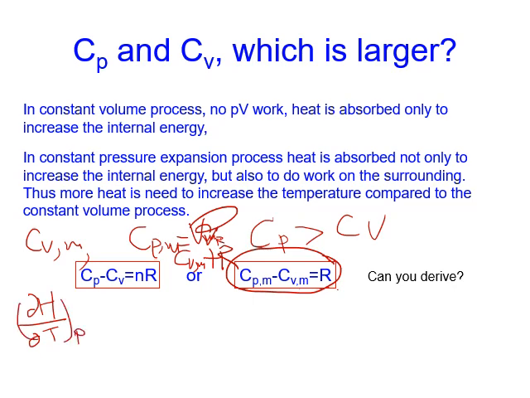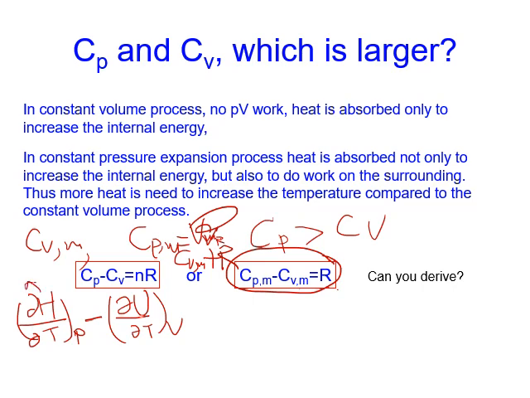So under constant pressure, the heat derivative with respect to temperature is dH over dT. Cv will be the internal energy change over dT under constant volume, because at constant volume, the internal energy change is the heat. Now, what is enthalpy?